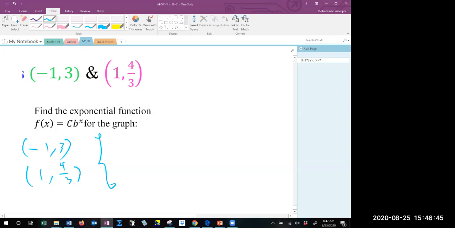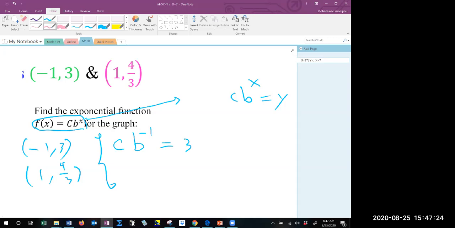So I'm going to rewrite this as y equals cb to the power of x, or cb to the power of x equals y. Maybe even that one is better. We put the very first pair in it: c is missing, b is missing, x is -1, y is 3.